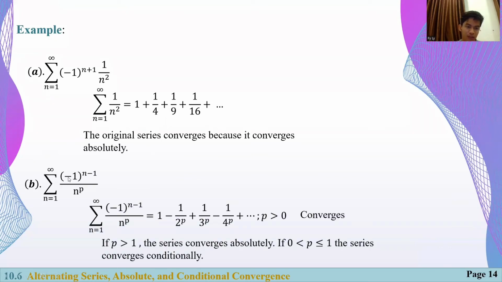And b is the sum from n equals 1 to infinity of (-1)^(n-1) over n to the power of p. If p is greater than 1, the series converges absolutely. But if p is greater than 0 and less than or equal to 1, the series converges conditionally.